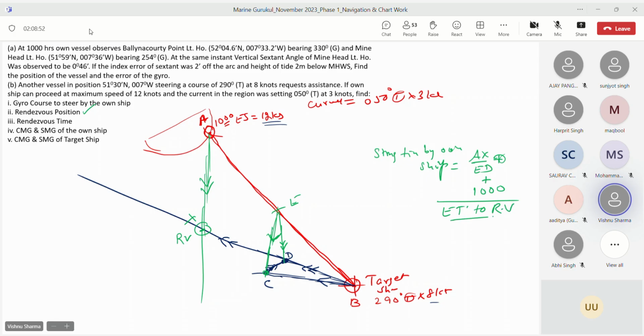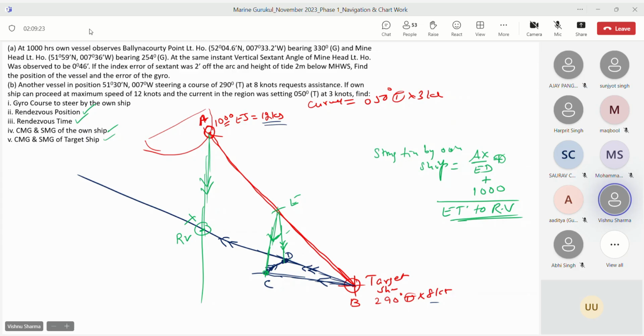Am I right, beta? That is the rendezvous time, right, beta? CMG of the own ship will be represented by AX or ED. SMG of the own ship is ED, so this is also answered. CMG of the target is represented by BD. SMG of the target is represented by BD magnitude distance, so this is also done.